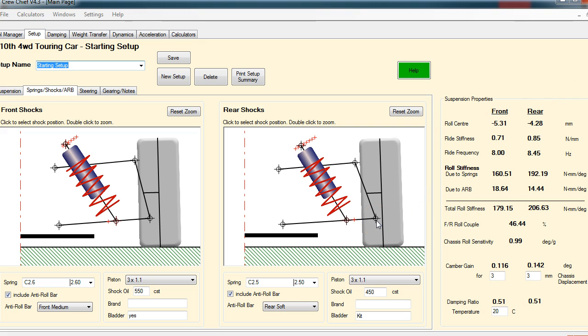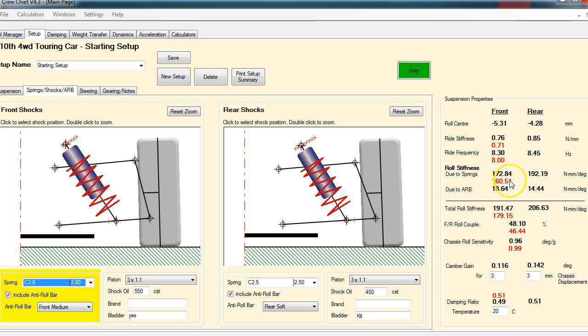So what can we do to change these values? As I said, the roll stiffness is controlled by the springs and the shock angles. So if we change a spring rate, let's go up a couple. We went from a 2.6 to a 2.8 Newton millimeter spring. You can see here that the roll stiffness due to the springs has changed.